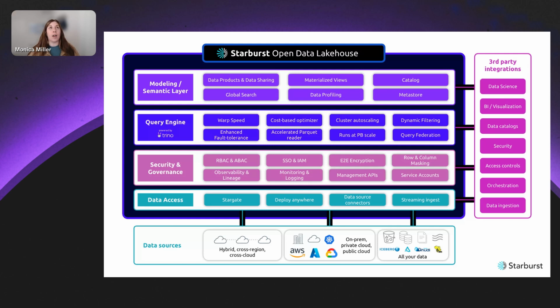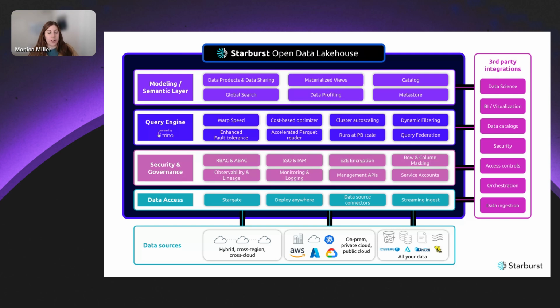Oh, gigabytes might not be the right unit, maybe terabytes, but it's an enhanced version of fault tolerance that is extensively better than what you can offer in Trino. Our cost-based optimizer, we've done a lot to enhance that as well. You can see we talk about dynamic filtering. We do automatic autoscaling for you, and a lot of the other benefits as well.